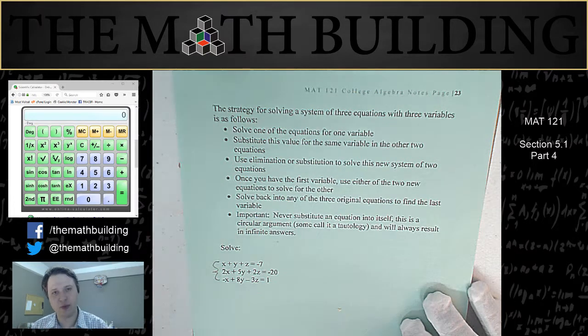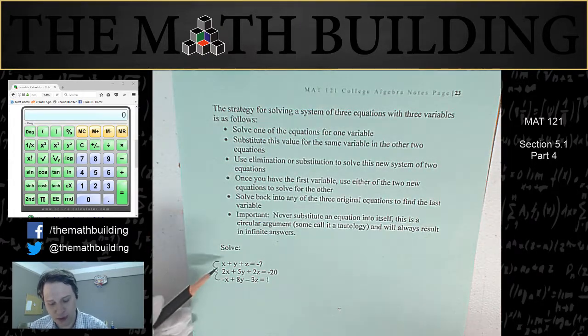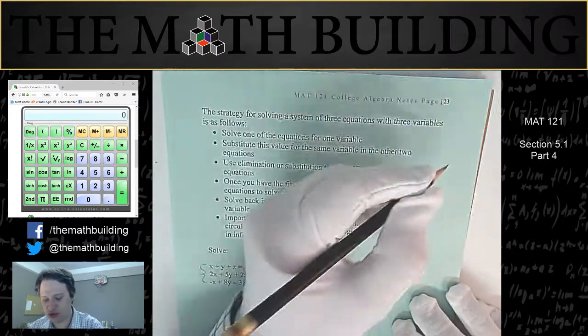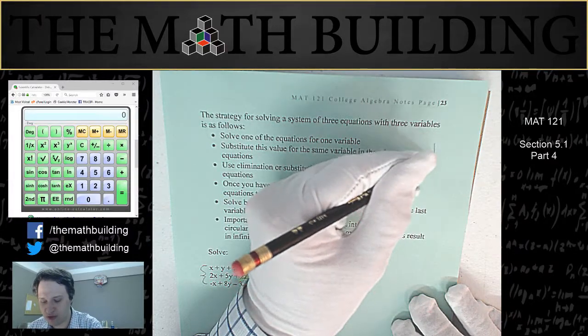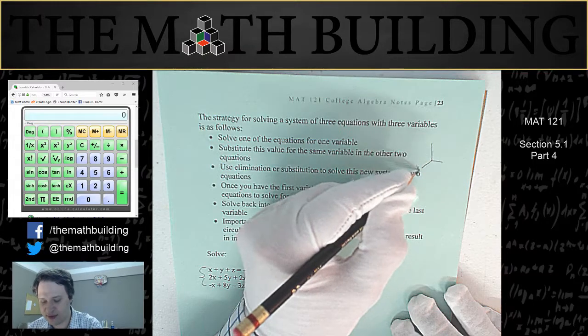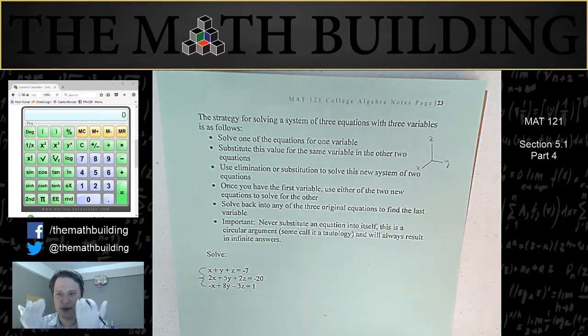So you remember that when we were solving two systems, we had two lines that usually intersected at one point. Well, what we have now are three equations and three variables. And what that means is, imagine three-dimensional space, okay? Imagine we have an x-axis, a y-axis, and a z-axis kind of coming out of the page.